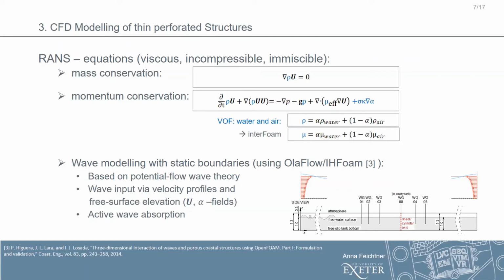Where the waves are generated based on common potential flow wave theory, and the wave input is prescribed via the velocity profiles and the free surface elevation at the inlet. And on the opposite side of the wave flume, active wave absorption is applied by means of static boundary conditions. So that's the toolbox I can use, and it's readily available.